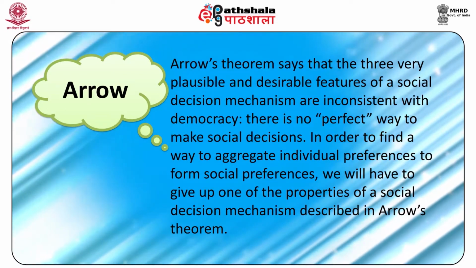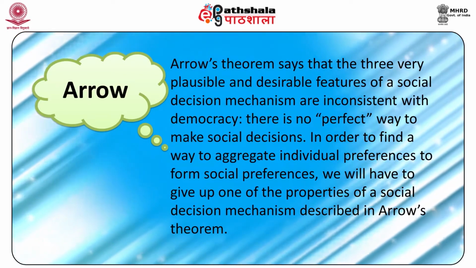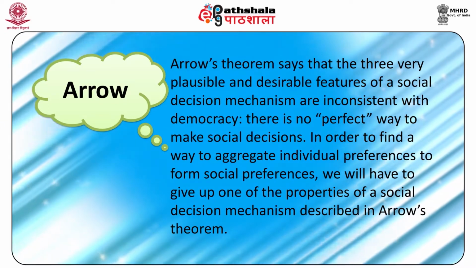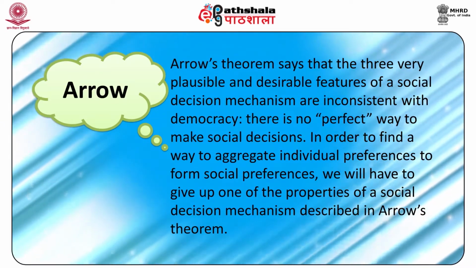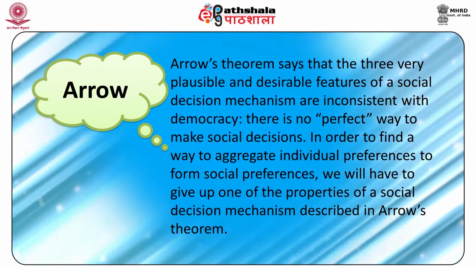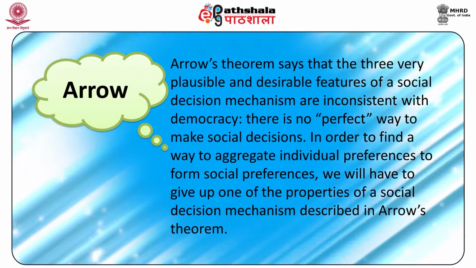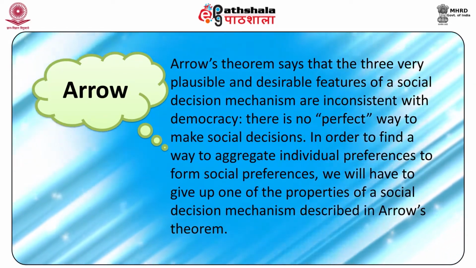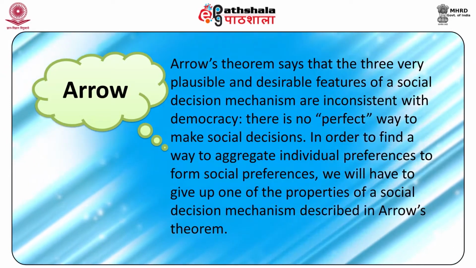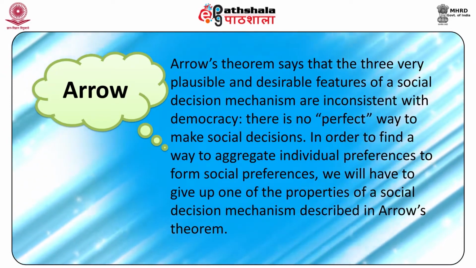In order to find a way to aggregate individual preferences to form social preferences, we will have to give up one of the properties of the social decision mechanism described in Arrow's theorem.